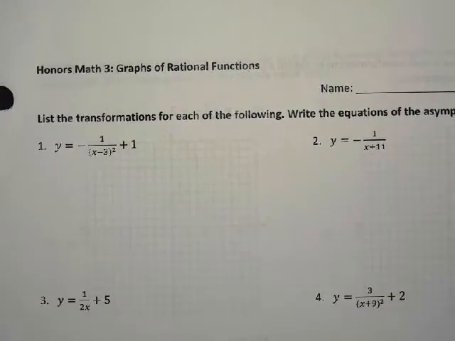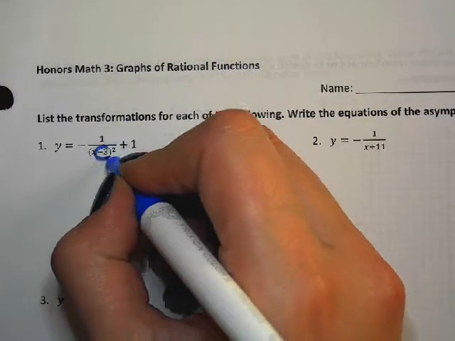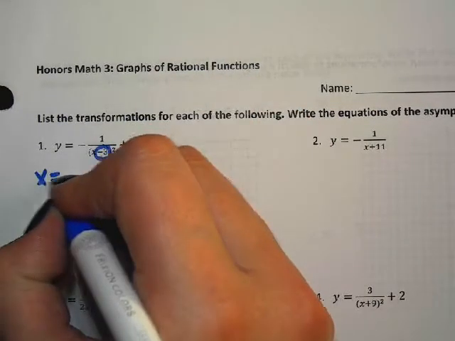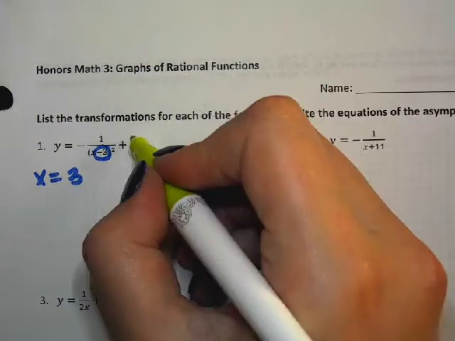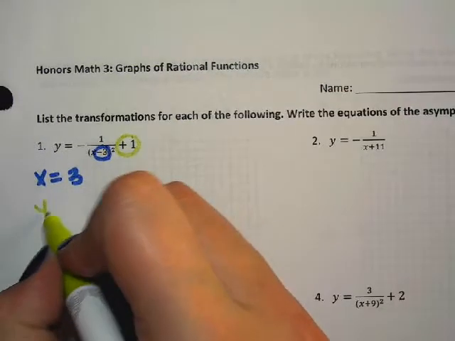So normally when we look at graphs, we do have one page that says find the transformations, and it normally says find the vertex, but this one doesn't say find the vertex. What are you finding instead of the vertex? The asymptotes. Okay, so we're going to say x equals 3, right? And then we're going to say y equals 1.